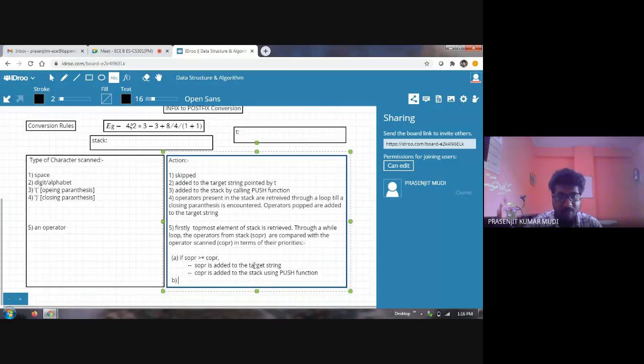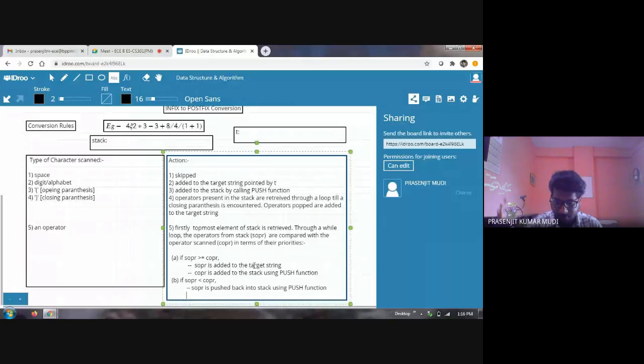But if SOPR is less than COPR, then you have to do what? SOPR is pushed back into the stack using the push function, and COPR is added to the target string.